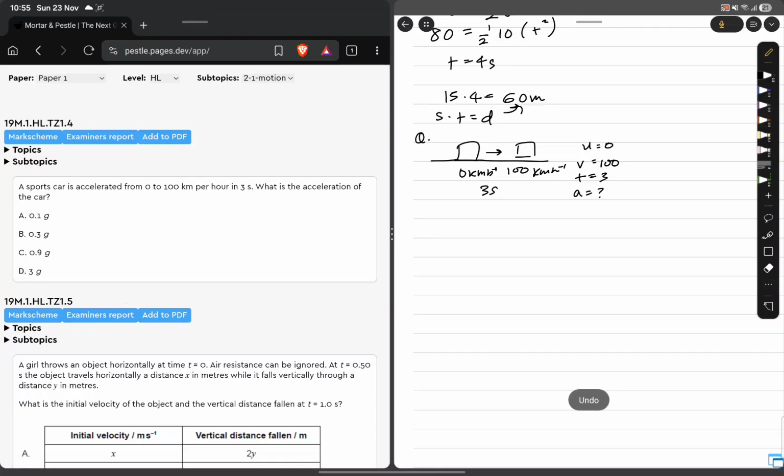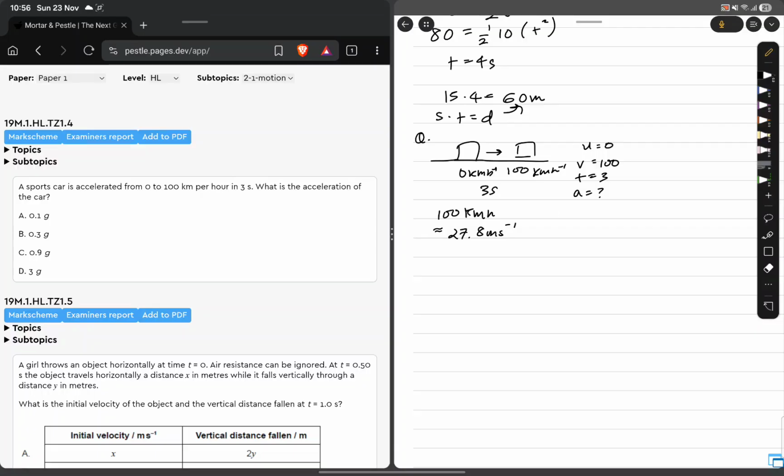So what we're going to do here is first convert the kilometers to meters. 100 kilometers per hour is around 27.8 meters per second through dimensional analysis. This is multiplying it by the conversion factor of 1,000 over 3,600, by the way.